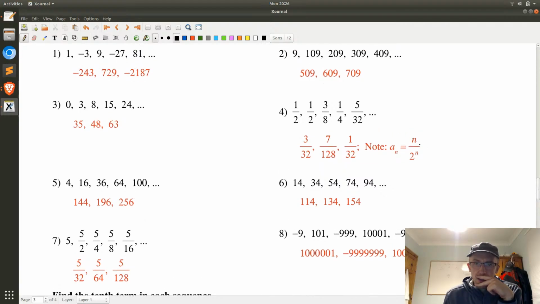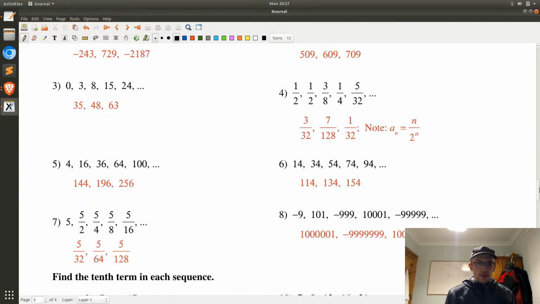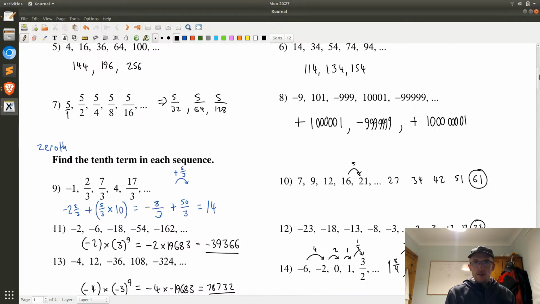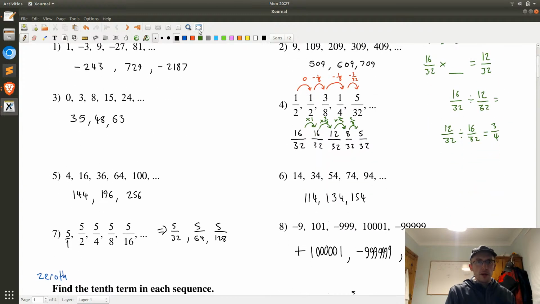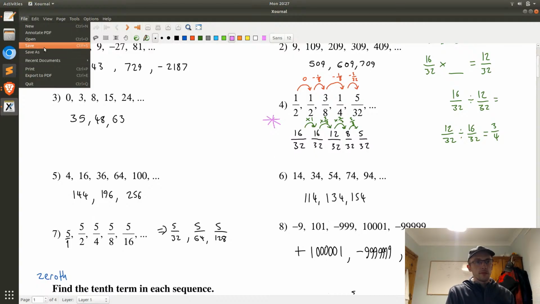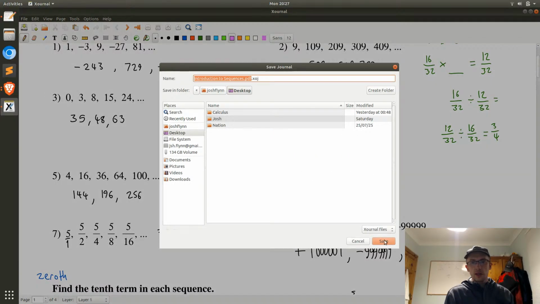Can you see that? n over 2 to the n? Oh man. I should have tried that. No matter. You got to be honest about when you got stuck, and just move on.